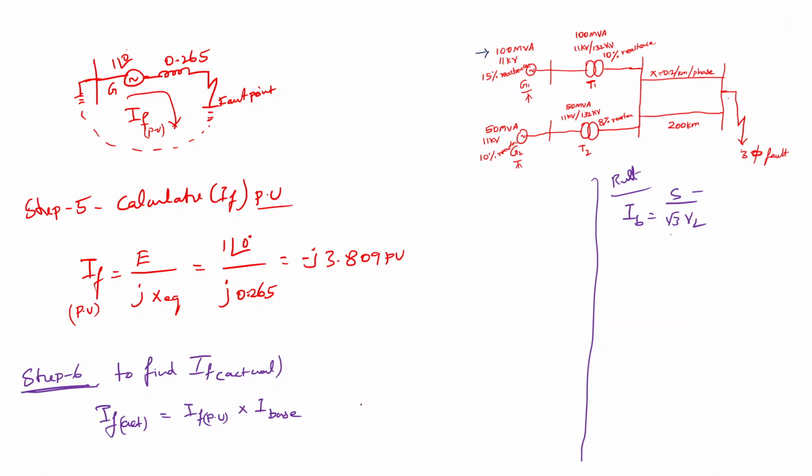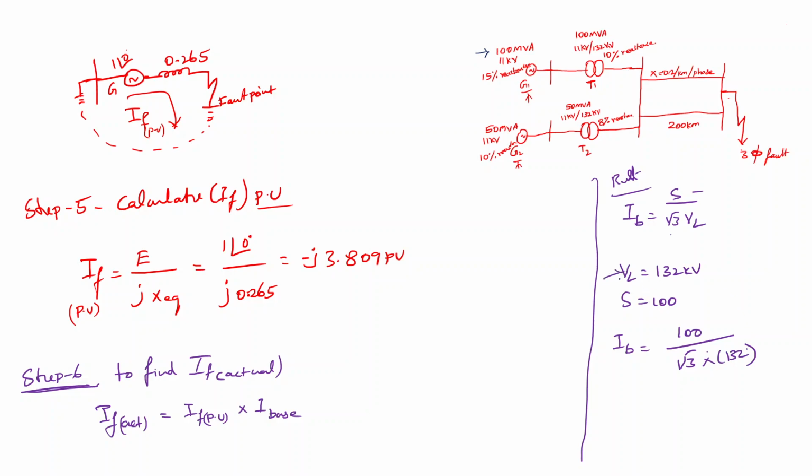We are first focusing on the high voltage side, so obviously the VL high voltage base value will be 132 kV, and S is nothing but 100. So the I base value is 100 divided by root 3 into the VL value, which is 132.